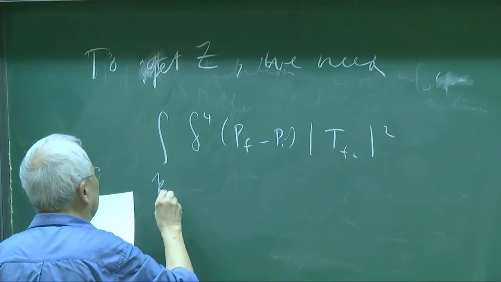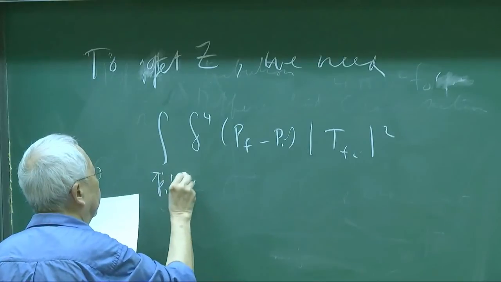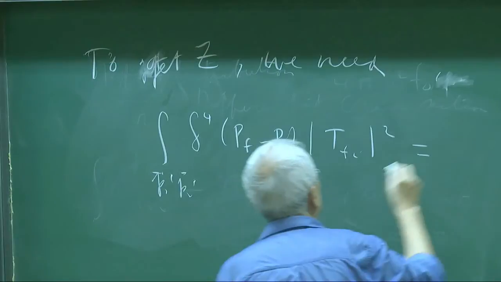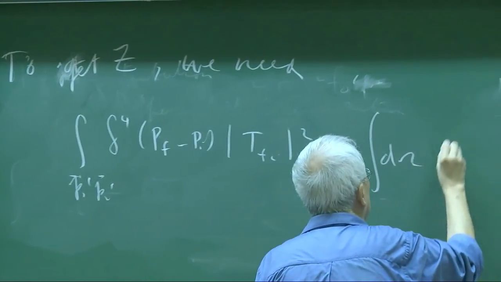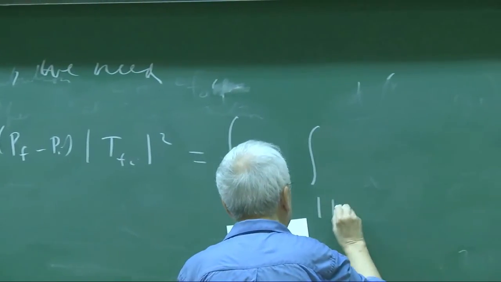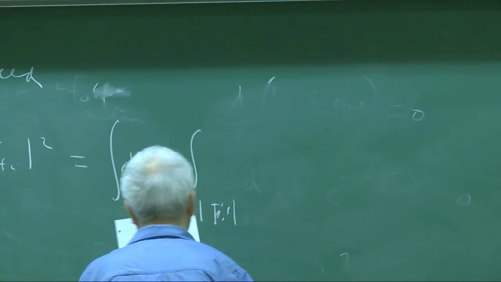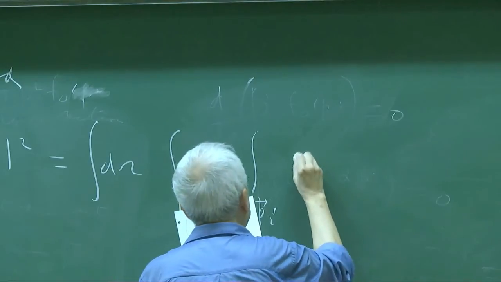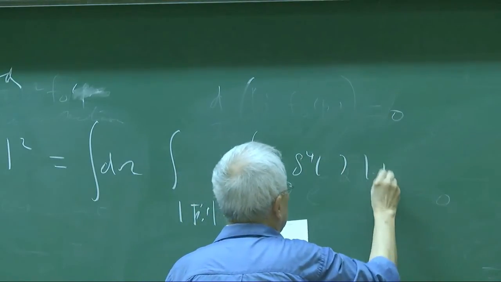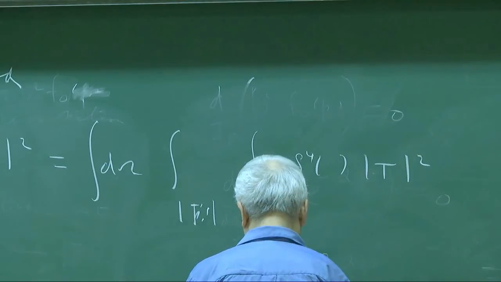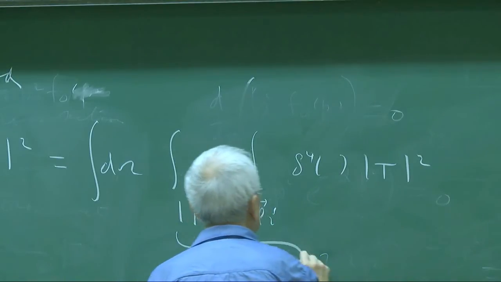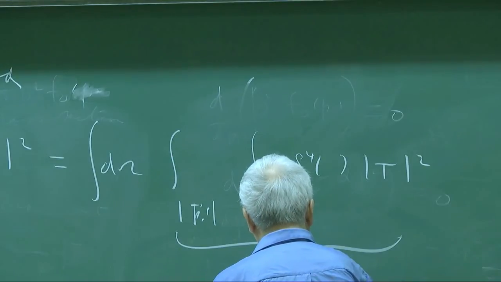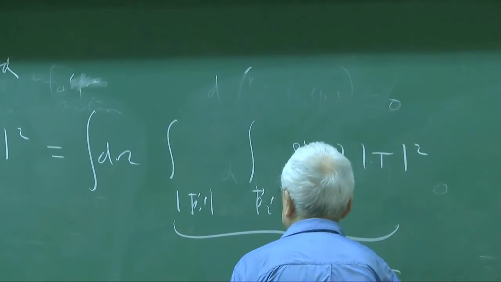Integral over p1 prime, p2 prime. And of course, p1 prime can be decomposed into dΩ, p1 prime magnitude, times the p2 prime piece, and then delta 4 times T squared. This is therefore v1 minus v2 times the differential cross-section.